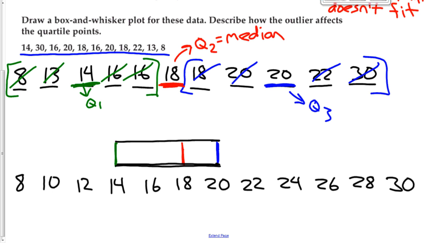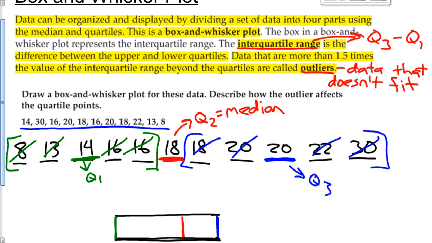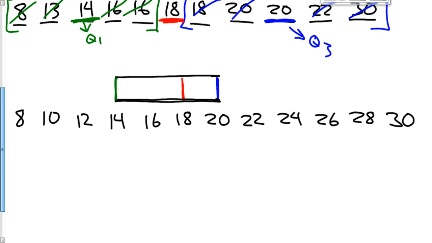So the whisker part comes from checking out if we have outliers or not. Okay, so remember the definition says 1.5 times the value of the interquartile range. All right, so first we have to find the interquartile range, which would be Q3 minus Q1.